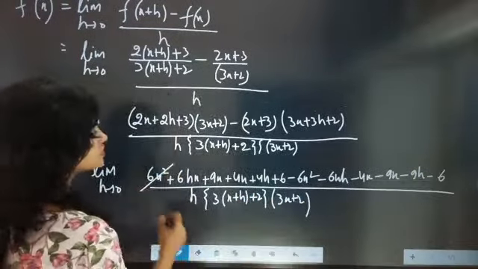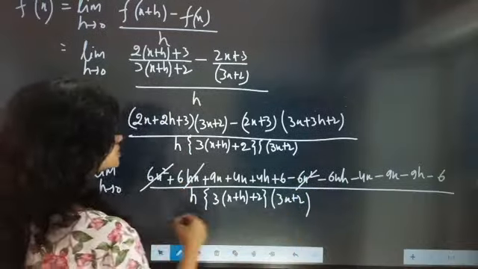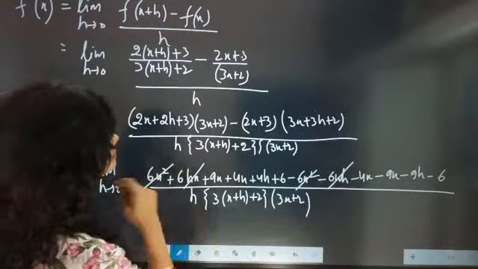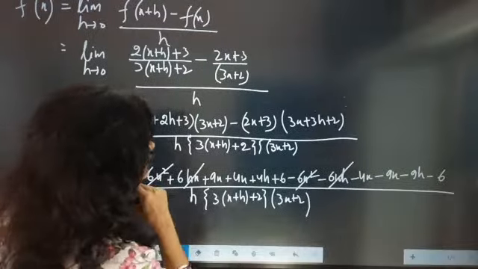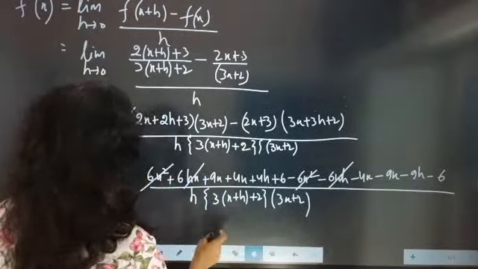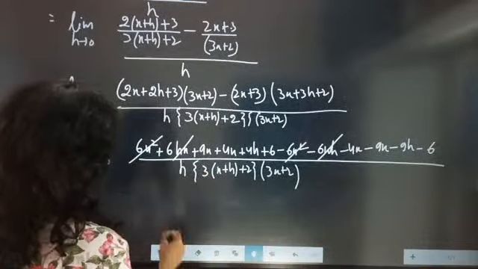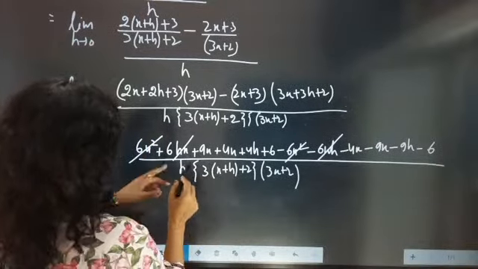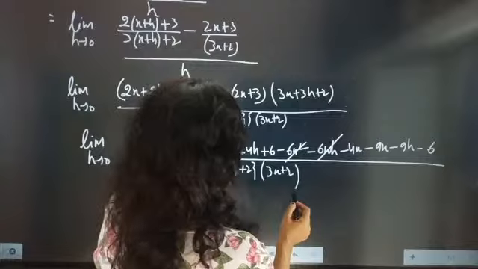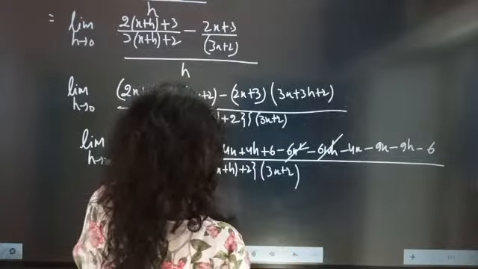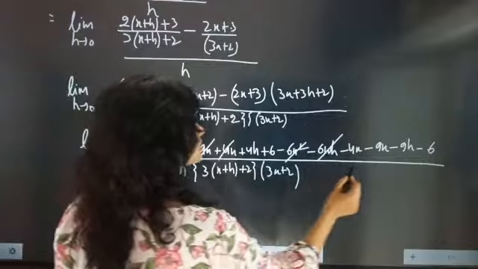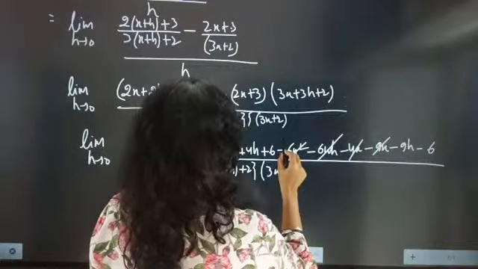So now 6x square minus 6x square, plus 6h minus 6h. Anything left? Everything gone. So now the minus part is there: 9h, and 4h is there, one part is left.